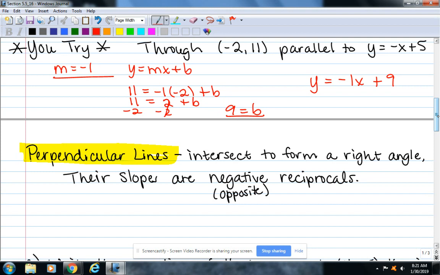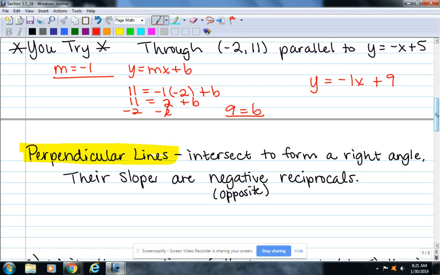And there's also something we need to memorize about the slopes of perpendicular lines. Their slopes are not going to be the same because that would be parallel, but their slopes are negative reciprocals of each other. Sometimes you hear it said opposite reciprocals. It's the same thing. Okay?